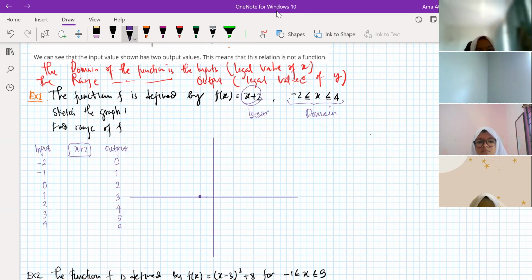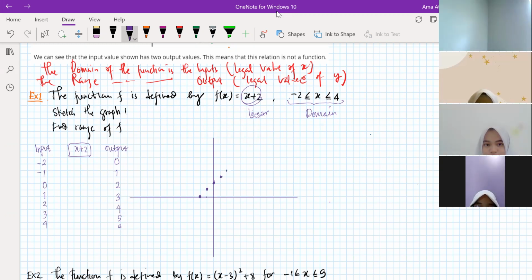And then -1 gives 1, so it will be here. And 0 gives 2. And 1 gives 3, 2 gives 4, 3 gives 5, 4 gives 6. So 0, 1, 2, 3, 4, 5. Oh, one more, we need 6. 1, 2, 3, 4, 5, 6 like this.